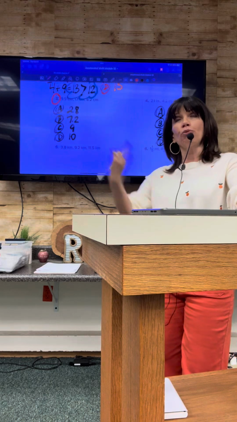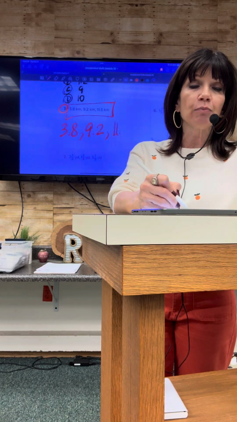Okay, awesome. Guys, when you progress to item number 3, you will do the exact same process, but that time with decimal numbers. When you get to 4, same process with decimal numbers. When you get to 5, same process, decimal numbers. Except on number 5, they will just ask you, could this make a triangle when we've got one side of 3.8, one of 9.2, and one of 11.4?